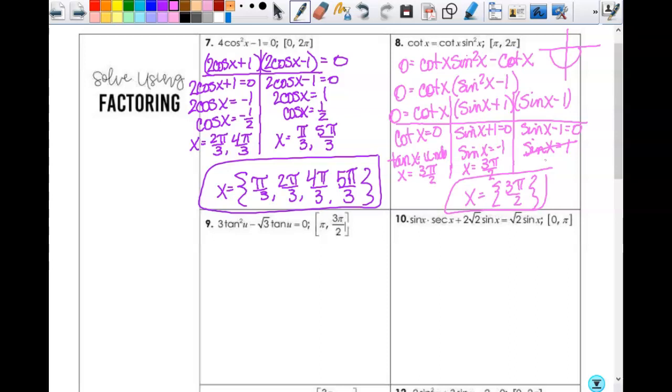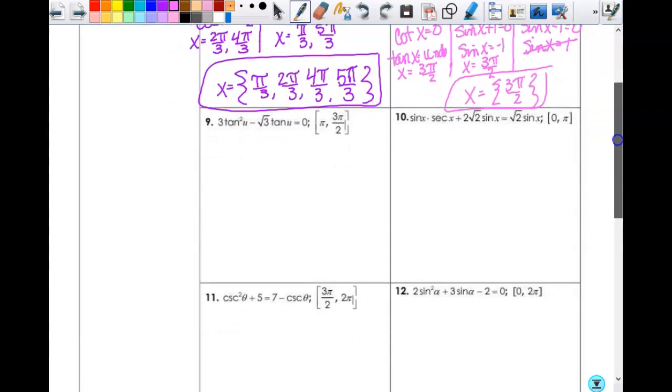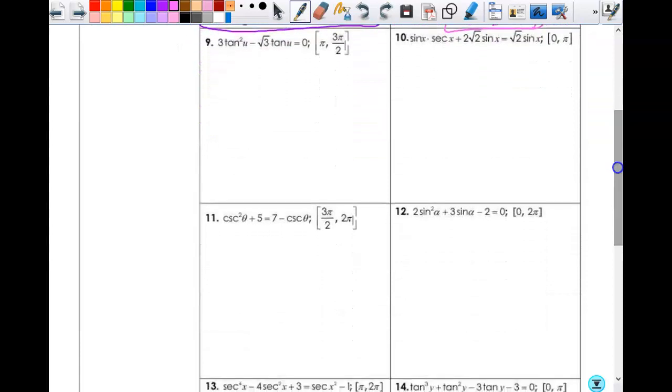So let's look at number 9. If 3 tangent squared u minus the square root of 3 tangent u equals 0, what could I do here? Factor out the GCF. So tangent u times 3 tangent u minus the square root of 3 equals 0.